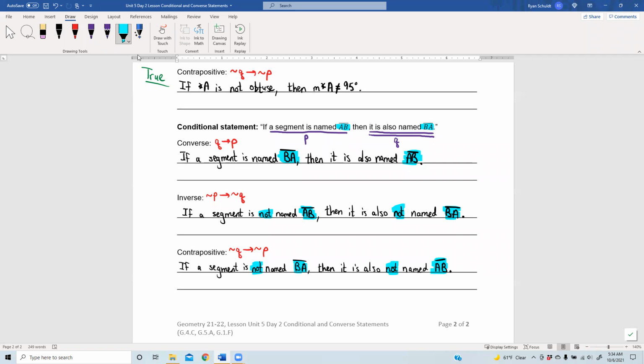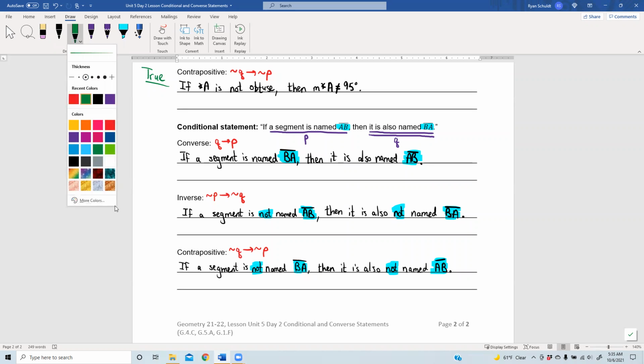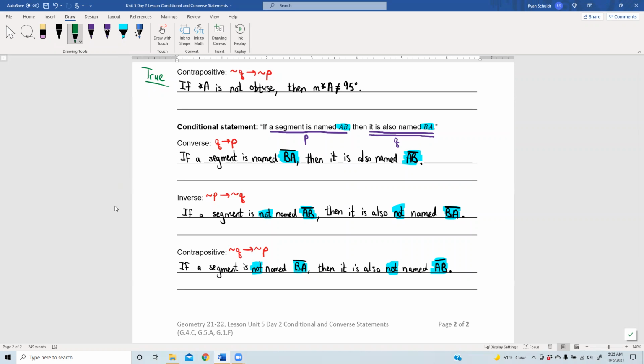Okay, now let's go through the truth value for each of these. For the first one, if a segment is named BA, then it's also named AB. That's absolutely true. If you can name it BA, then you can also name it AB. If a segment is not named AB, then it's also not named BA.